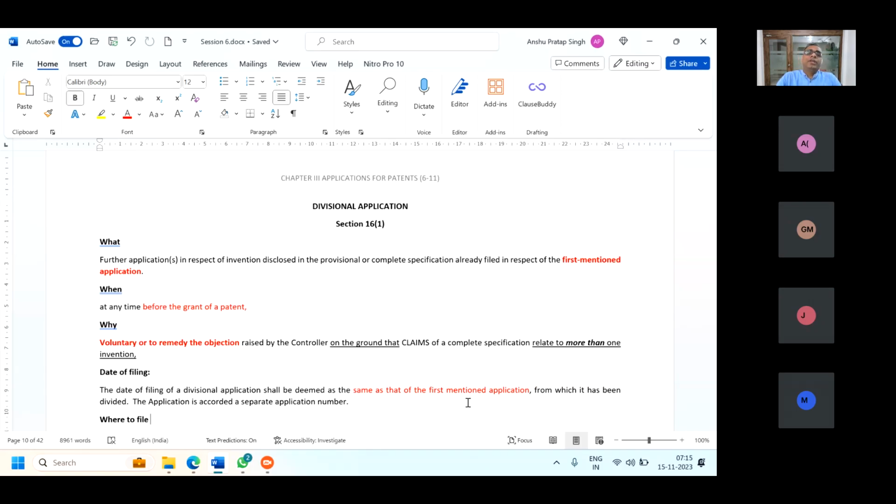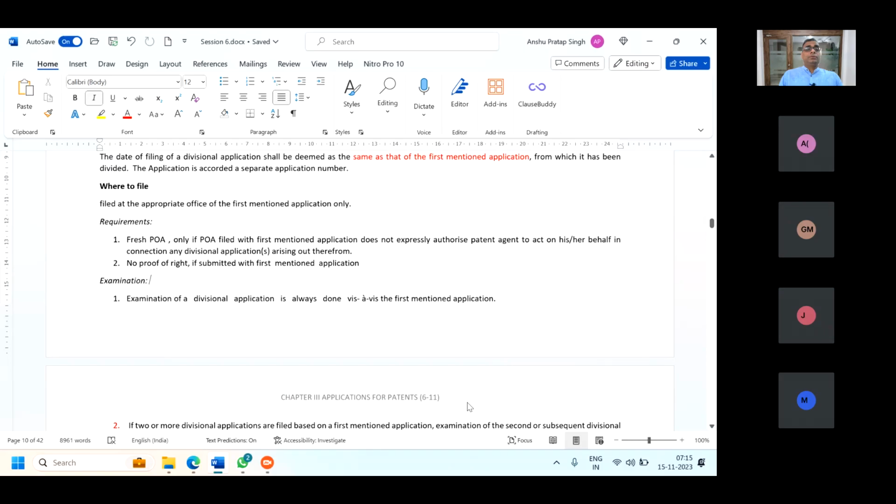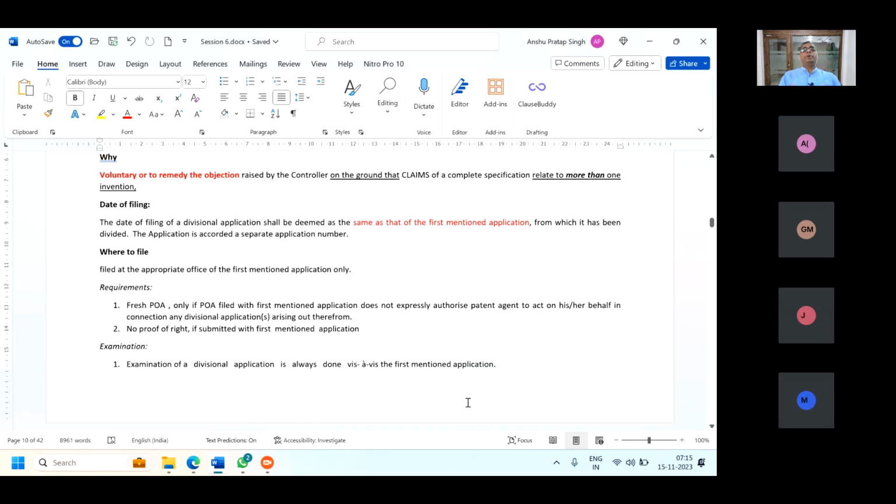So a divisional application can be filed only before the grant of the patent to the first mentioned application. To remember, you can voluntarily or to remedy the objection divide the application. It should be before the grant, and the reason is simple: there is more than one invention.